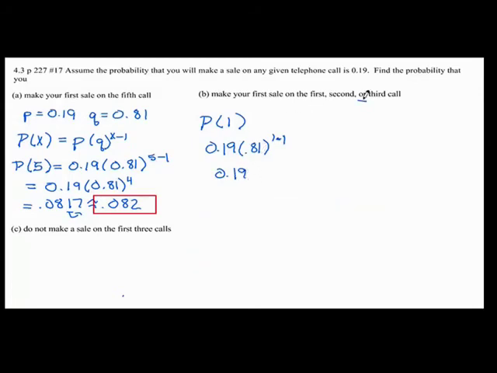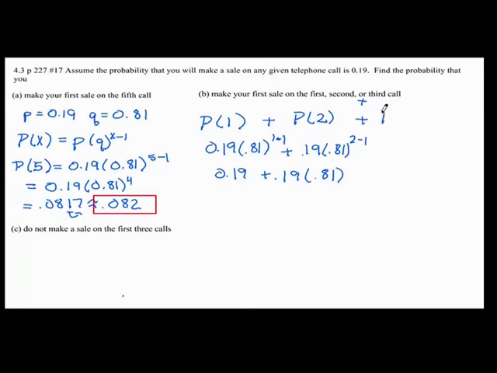Or means we're going to add. Plus the probability our first sale is on the second call is going to be 0.19, and then 0.81 raised to the 2 take away 1, so that's just 1. That's plus 0.19 times 0.81 raised to the 1. You don't need that exponent there because that's just 0.81.